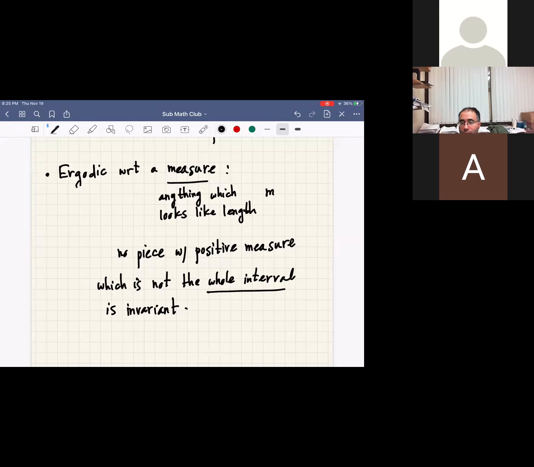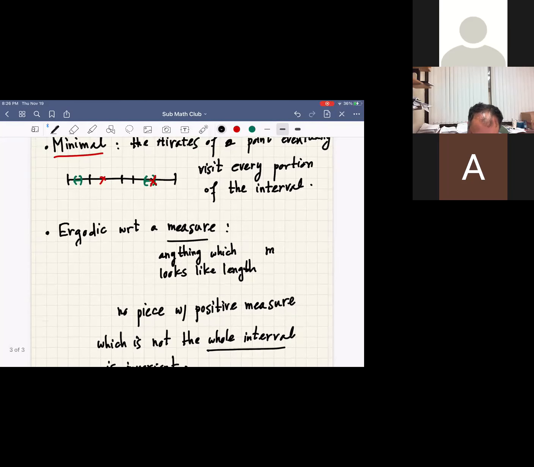Is there any infinitesimally small piece that is invariant? Again, you need to say what you mean by infinitesimal. If you think about the length, you can think about pieces which are very small, but still they have some length, right? For example, its length could be 1/10,000, but it still has some length, and even those things cannot be invariant.